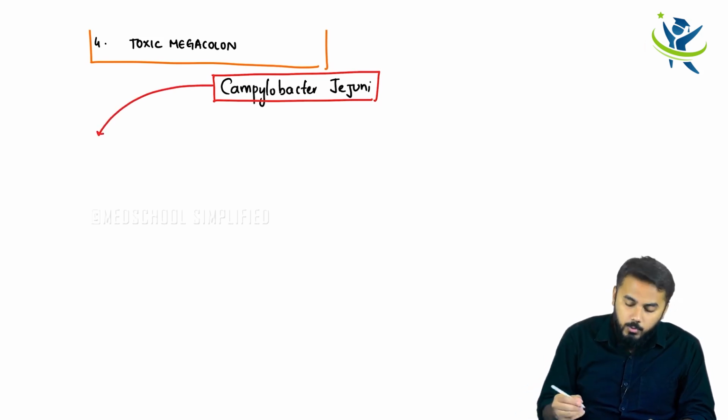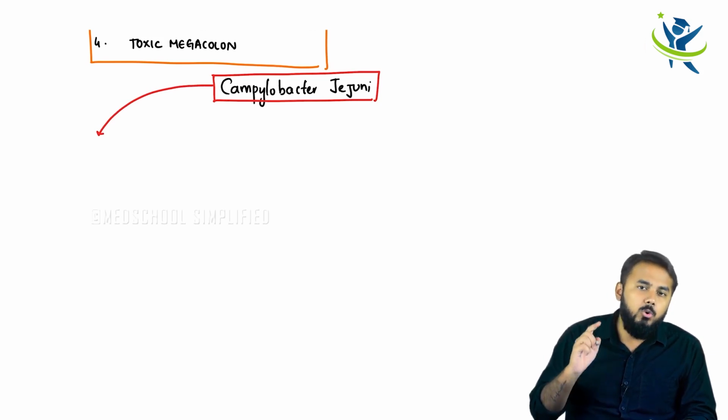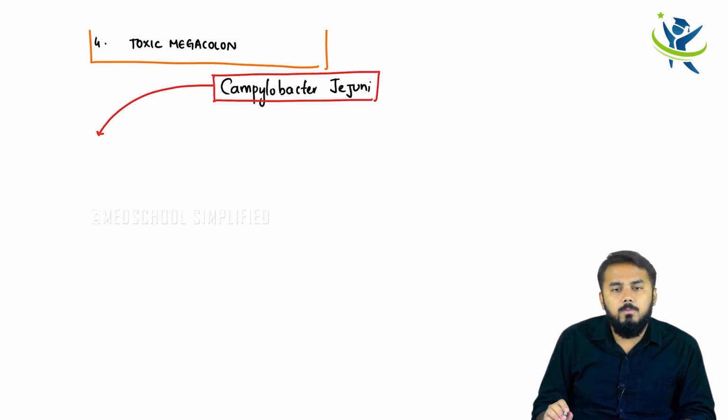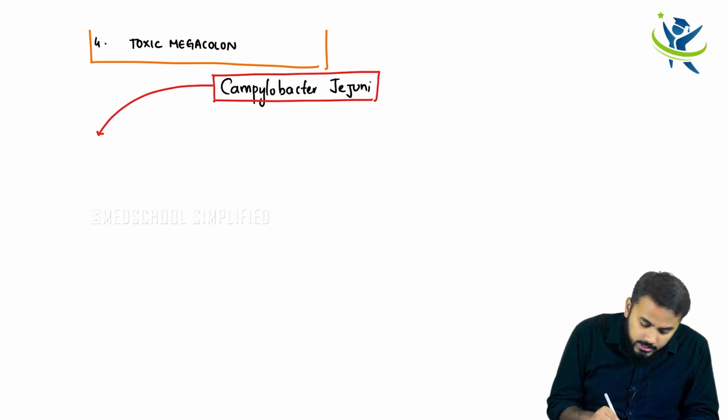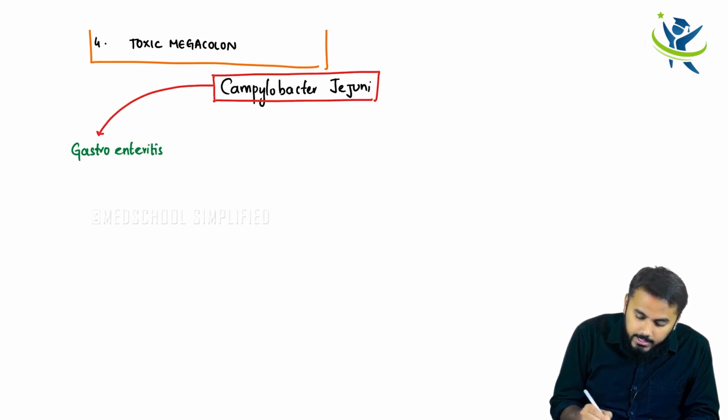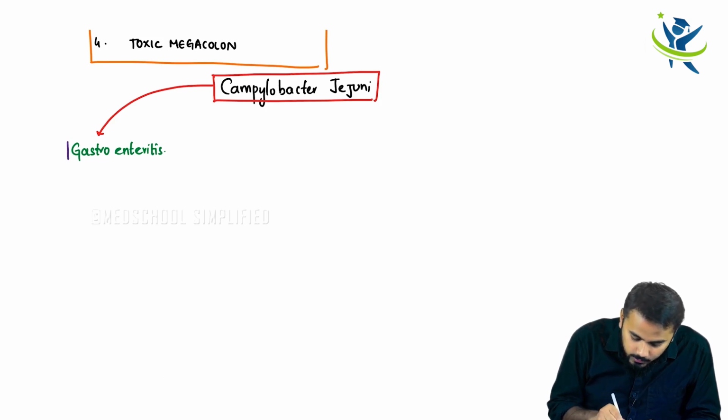What are these three diseases? The first important disease is gastroenteritis. I already told you the most common cause of gastroenteritis is Campylobacter jejuni. So it is associated with gastroenteritis.